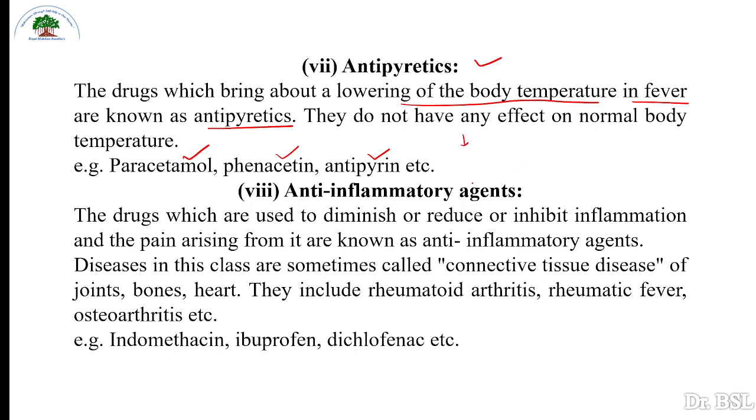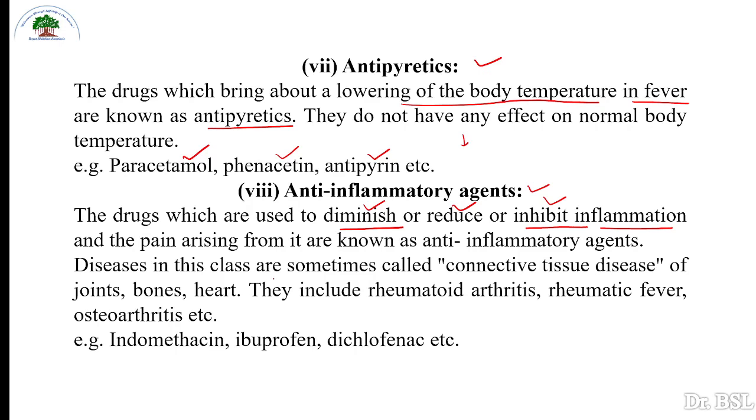And the eighth type is anti-inflammatory agent, the drugs which are used to diminish, reduce, or inhibit inflammation and the pain arising from it. They are known as anti-inflammatory drugs or anti-inflammatory agents.